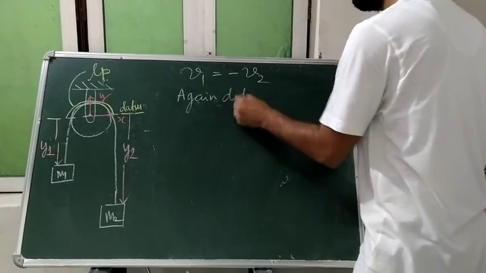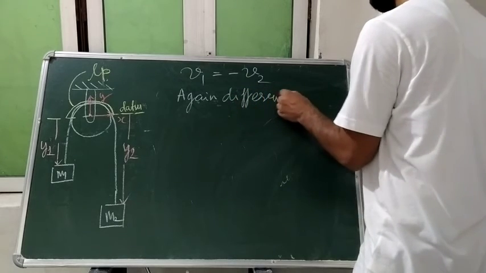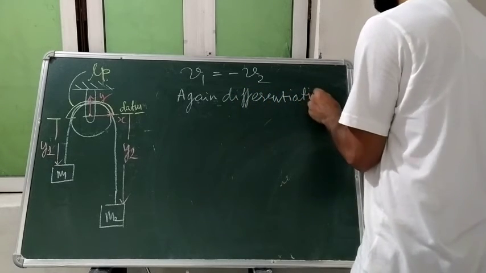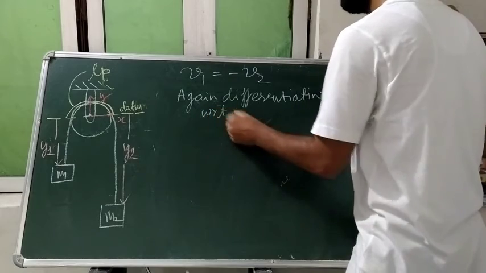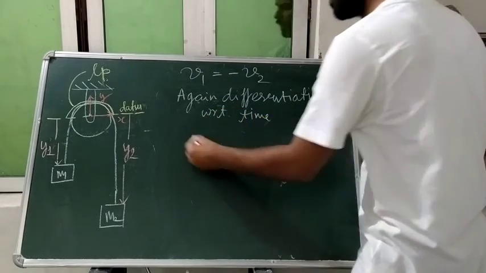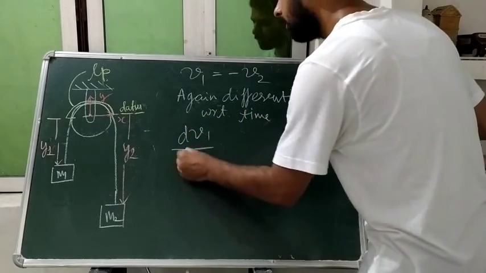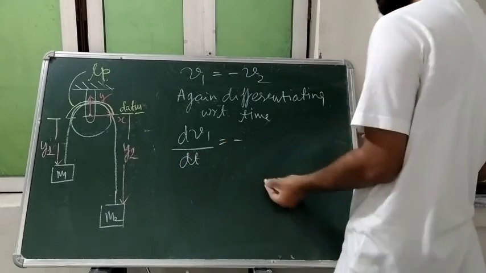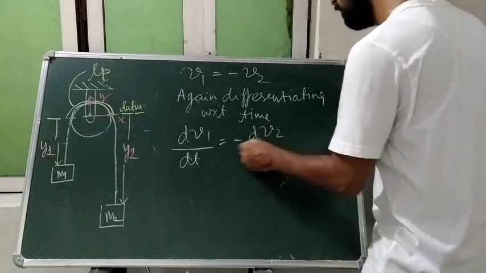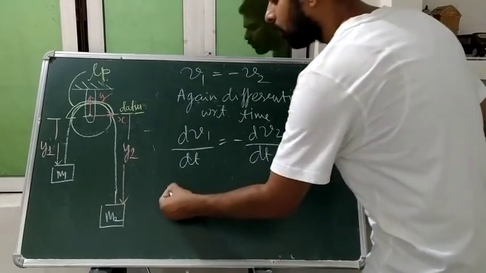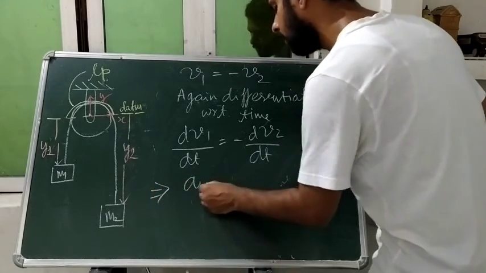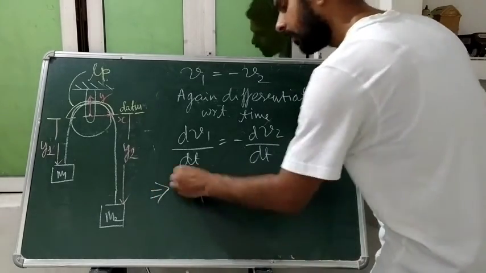Again differentiating with respect to time. So what you will get? dv1 upon dt will become minus times of dv2 upon dt. So from here what you will get? a1 will be minus times of that a2.